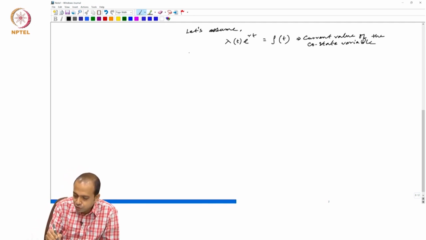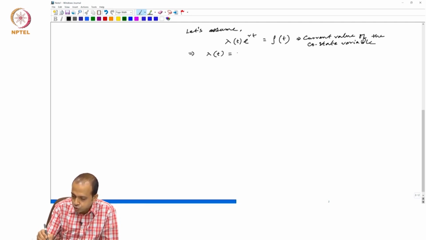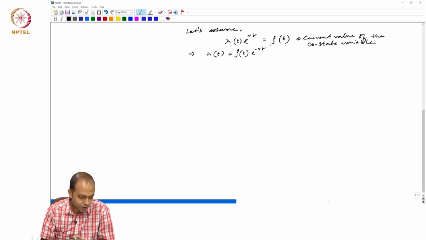So, from here what we can say is that lambda t equals rho t into e to the power minus r t. Okay.